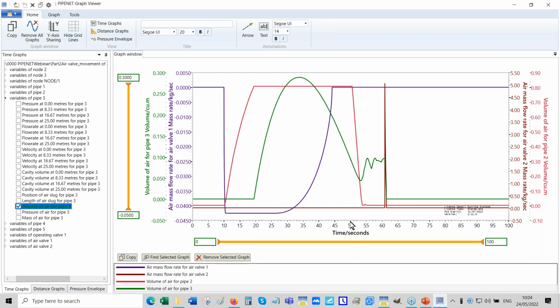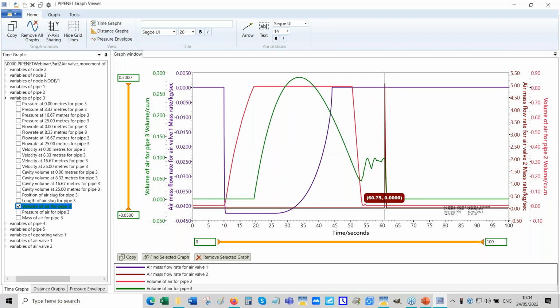Do you remember the valve opens at 50 seconds and finishes opening at 60 seconds? And then the air pocket in pipe 2 disappears, and pipe 3 will ultimately see the air pocket volume in pipe 3 also goes down, and then it gets expelled.